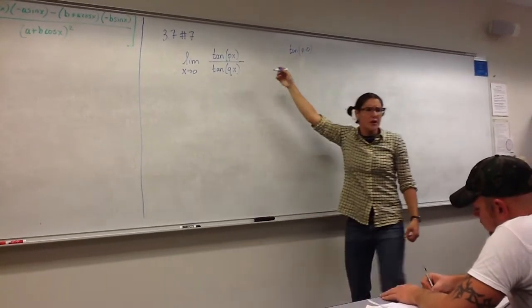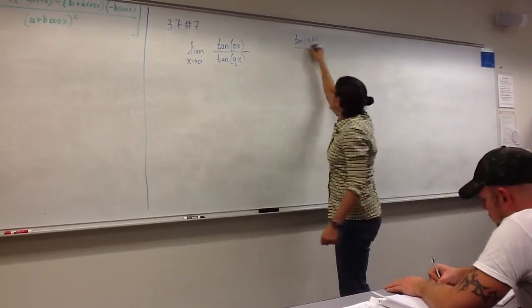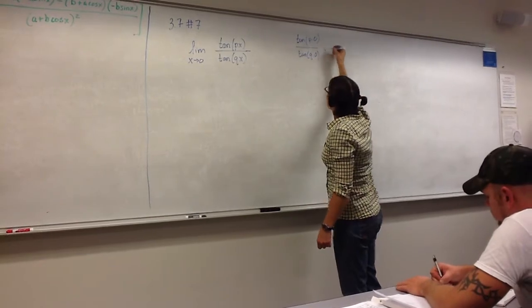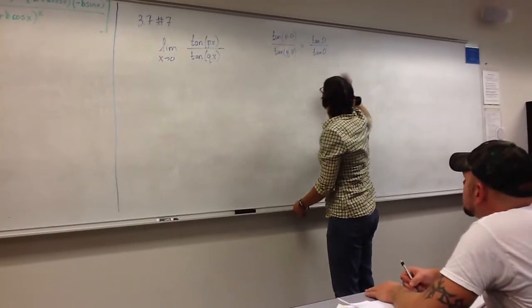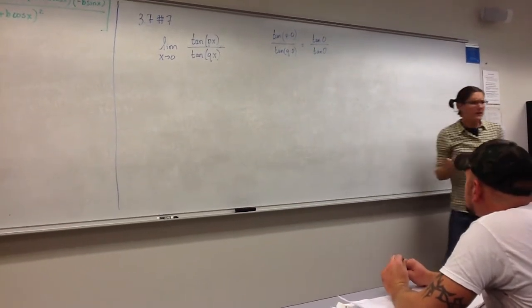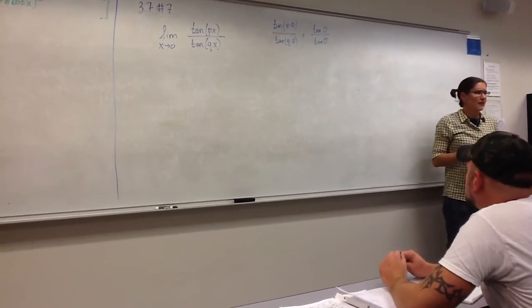Now p and q are numbers. We don't know what those numbers are, but they're constants. And in our denominator, we'd have tangent of q times 0. So what we're really asking is what happens to our numerator and denominator if we allow x to go all the way to 0. And what is the tangent of 0? Do you know? Yeah, it is 0.